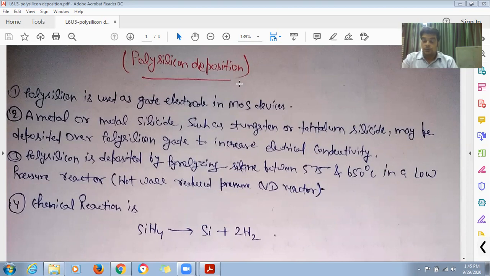Of the reactors we discussed in the previous lecture, the first, the hot wall low pressure CVD reactor, is the most suitable for the deposition of polysilicon.